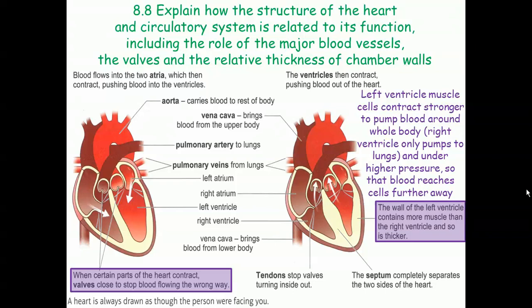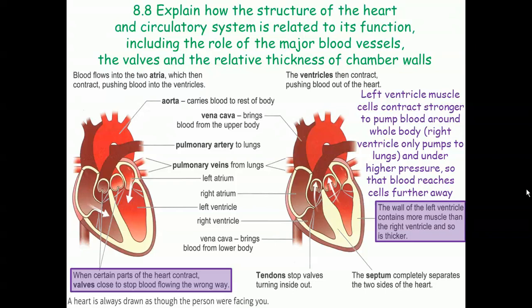So that's why there needs to be more muscle cells in the left ventricle, because the blood needs to be pumped under a higher pressure, and that also helps to withstand some of the pressure as well. So having a thick wall means that it could contract stronger because there are more muscle cells there.